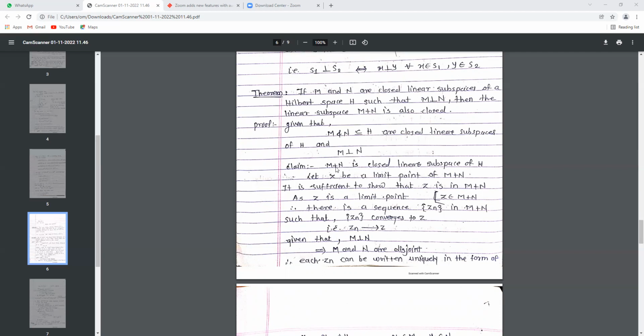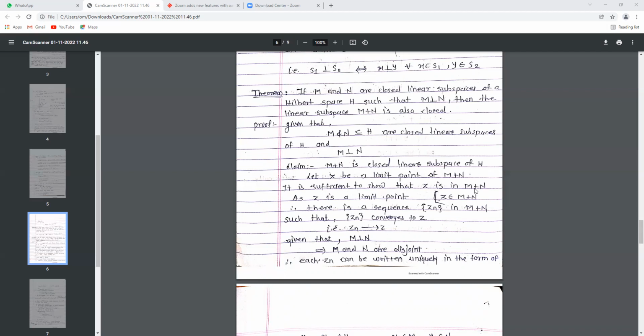So we have to show that M plus N is a closed linear subspace of H. Let Z be a limit point of M plus N. That means there should be a sequence which converges to Z. So it is sufficient to show that Z is in M plus N.